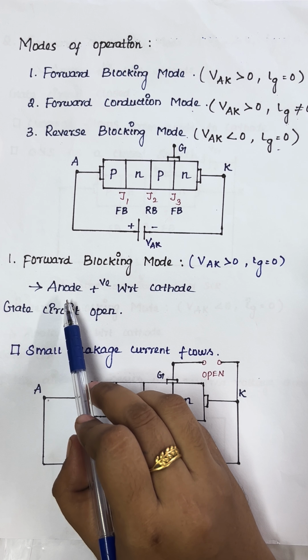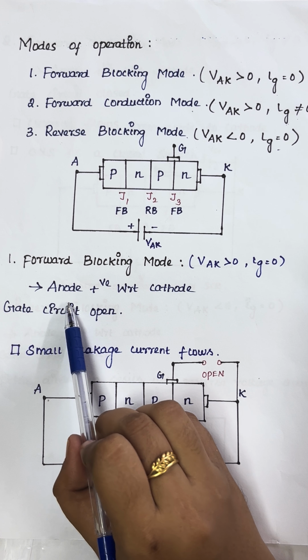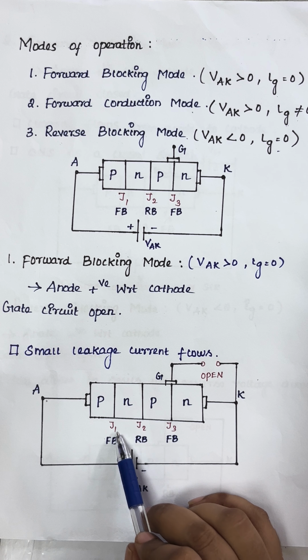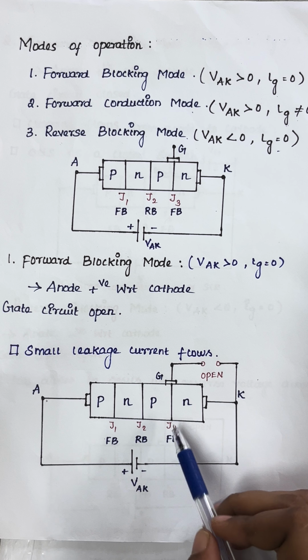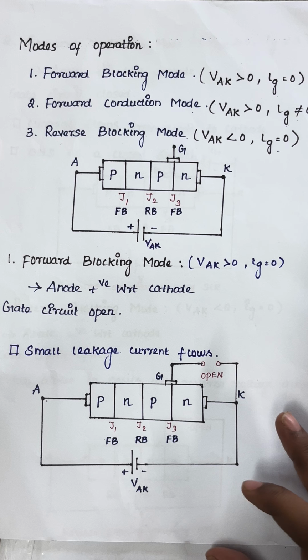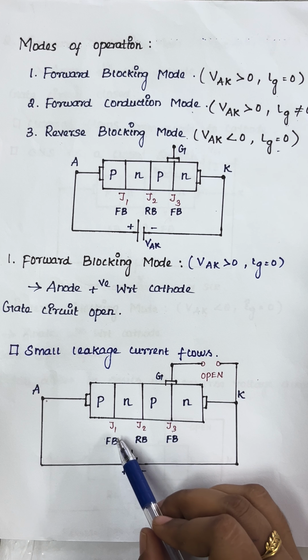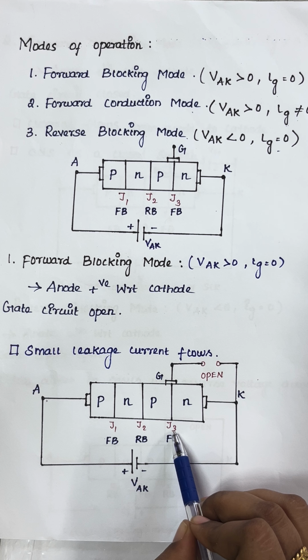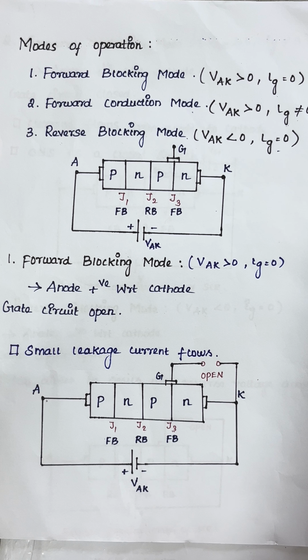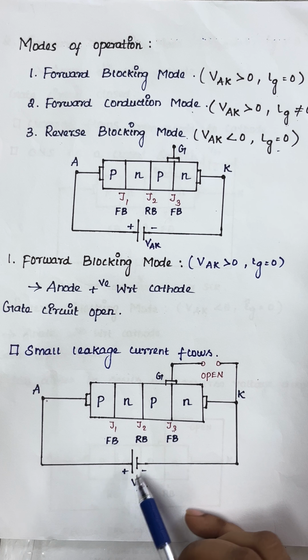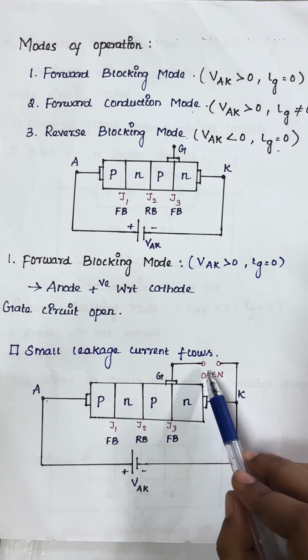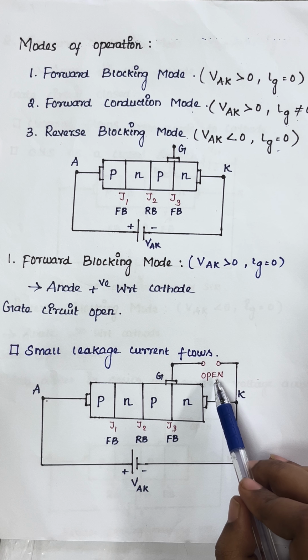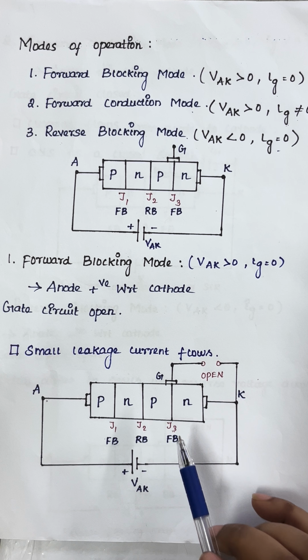Here we apply the anode positive with respect to cathode. This is the SCR structure, PNPN, where we have 3 junctions, J1, J2 and J3, and we are going to look at the operation of these junctions. Here the anode is positive with respect to cathode, and the gate current is equal to 0, which means the gate is open.